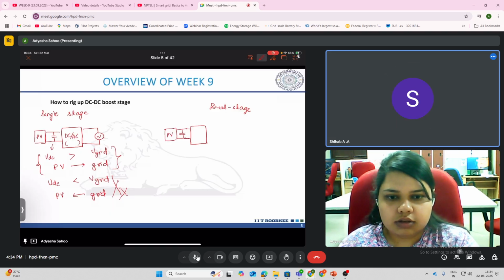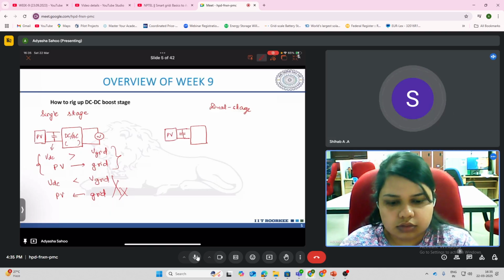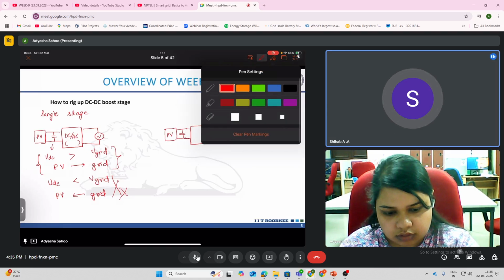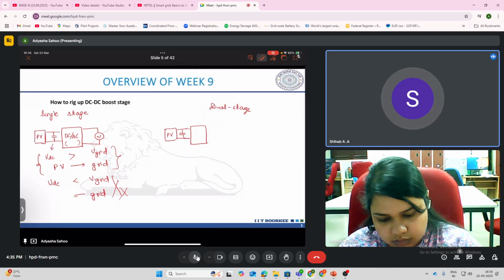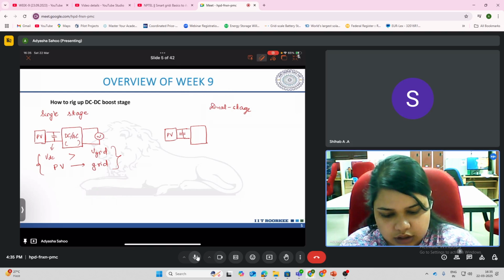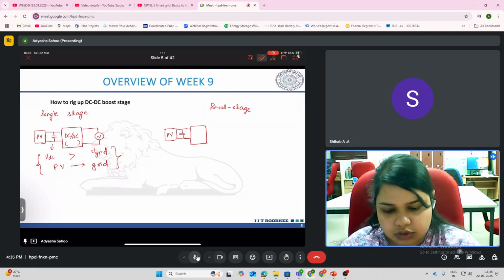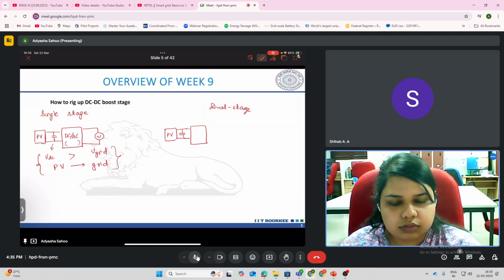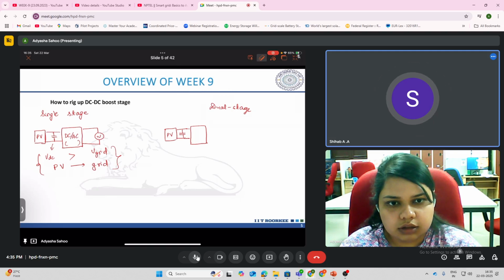The control logic will ensure that this voltage is greater than the grid side voltage. We always maintain that.